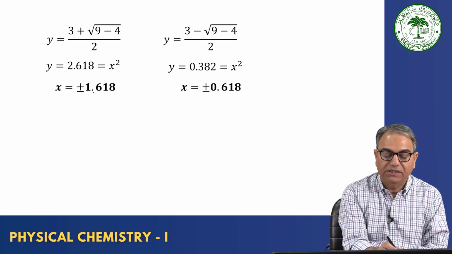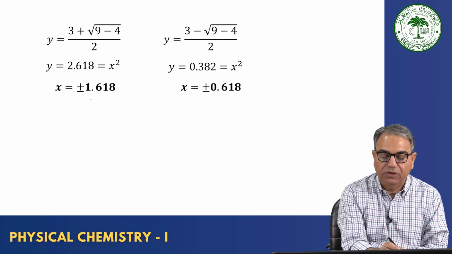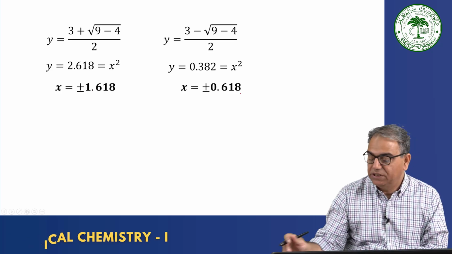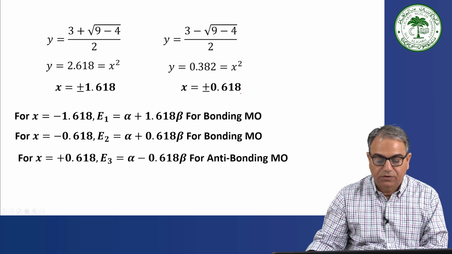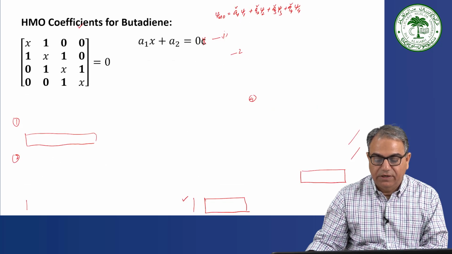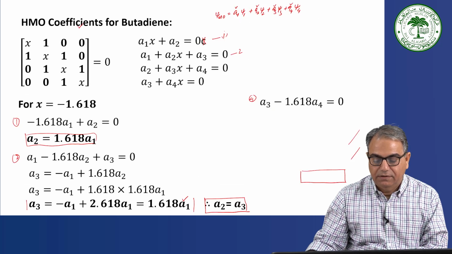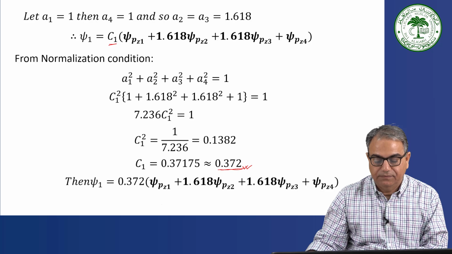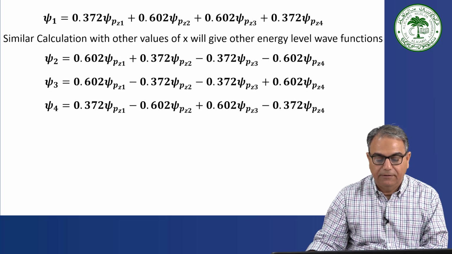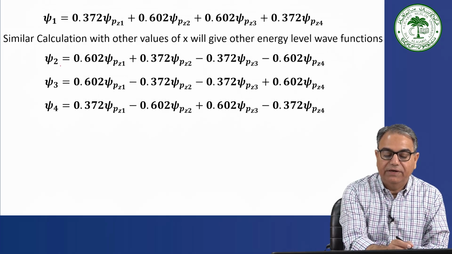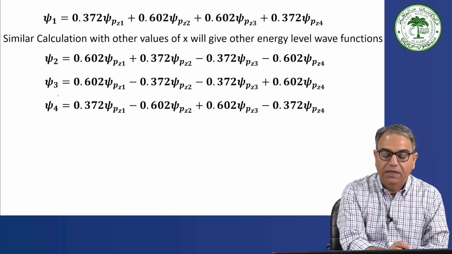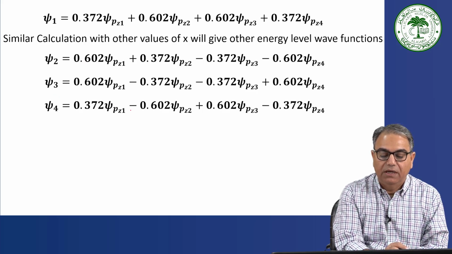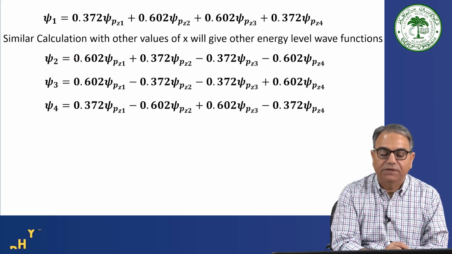So with the plus value we have determined, the minus value you can do, and then again with 0.618 also you can do. So the value which you take in each of these cases will give the results. In one case it will be minus 1.618, in another case it will be 0.618, then again minus 0.618, and so all these wave functions we can obtain.